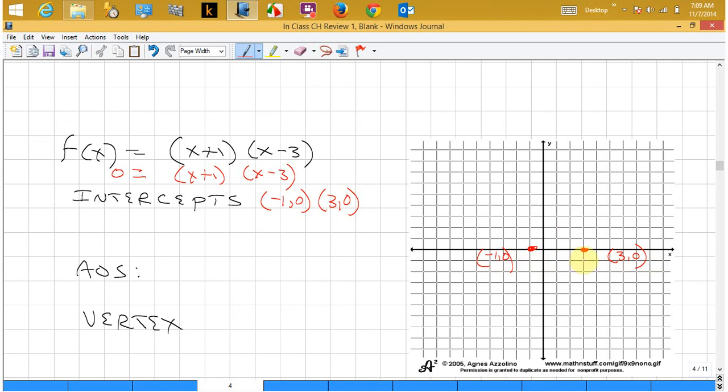One way is to average the x-coordinates: 3 plus -1, divided by 2, that's 2 over 2, which is equal to 1. If you have fractions, that may be the way to do it. But another way would be just to find what's in the middle, 1, 2, 3, 4 divisions, halfway between there would be where my axis of symmetry is, so here it is.